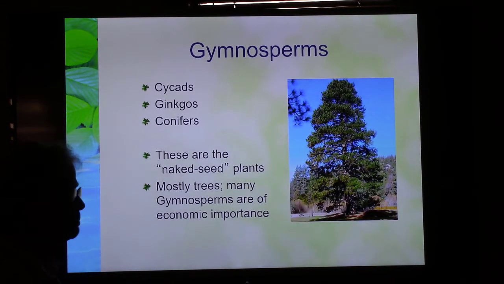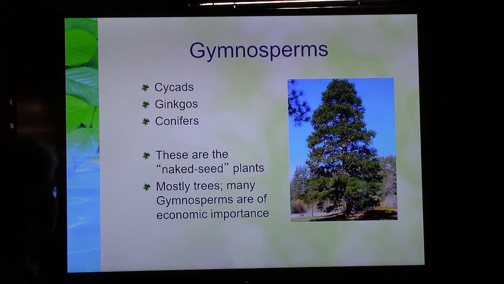Those advanced plants, of course, are put into various groups. And one really important group that gardeners don't deal with very much is a group called Gymnosperms. Now, Gymnosperms include some things that might be familiar to you. A cycad.